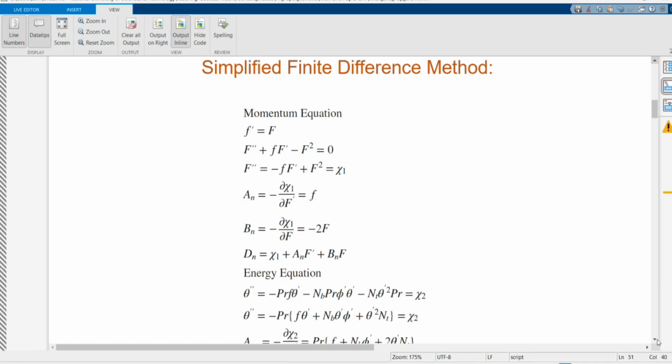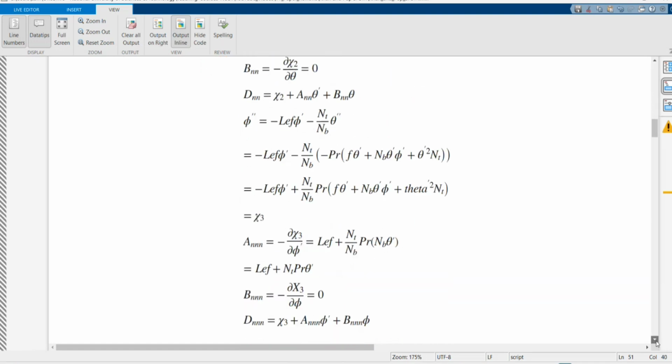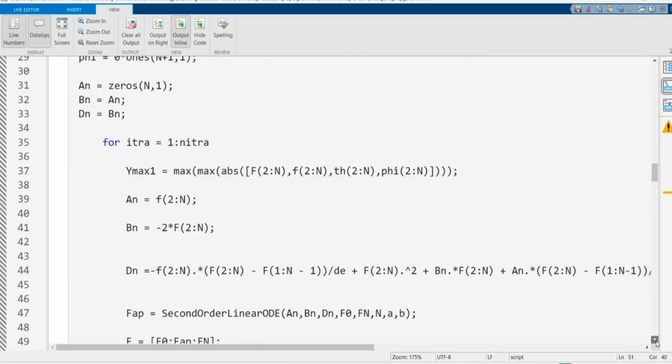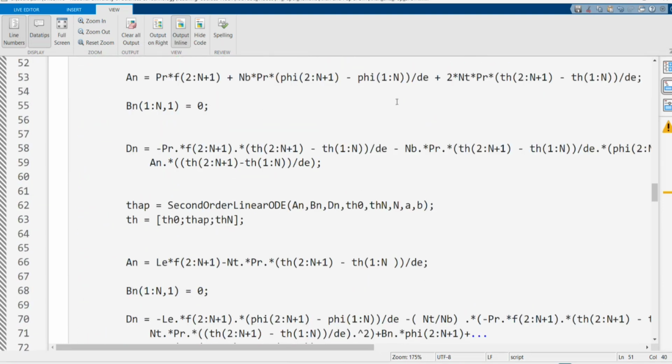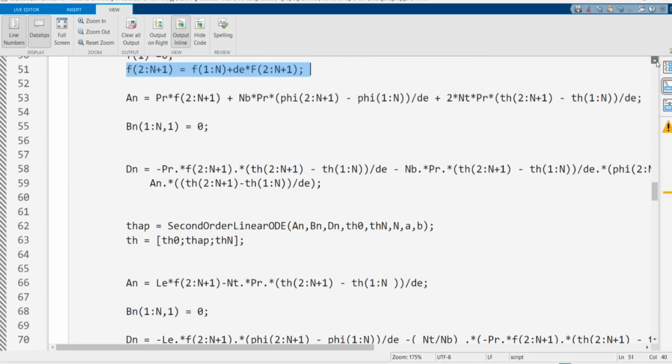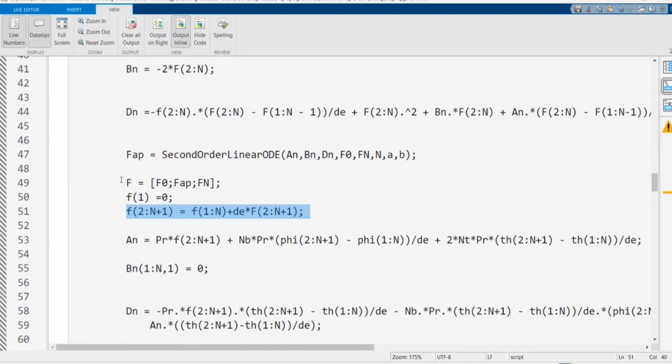Since we already calculated capital F, the second order capital F equation, we need to find the original solution, which is small f. So we calculate that again using the forward difference. This is the solution capital F, but we don't require that. We require small f, which is the momentum equation.